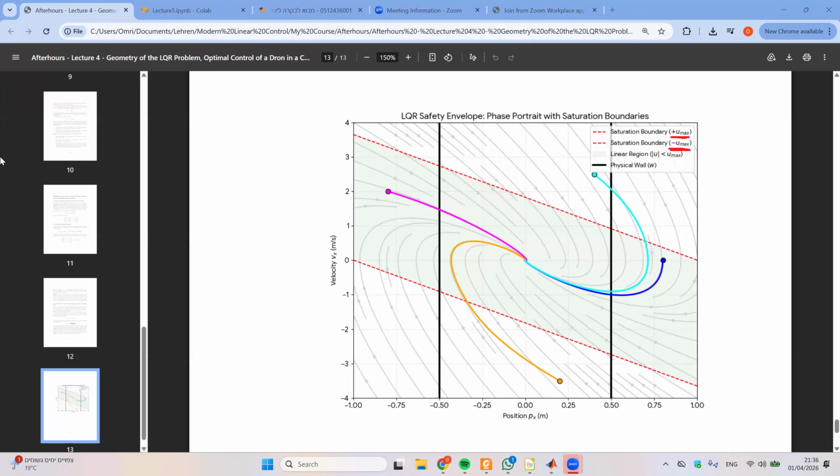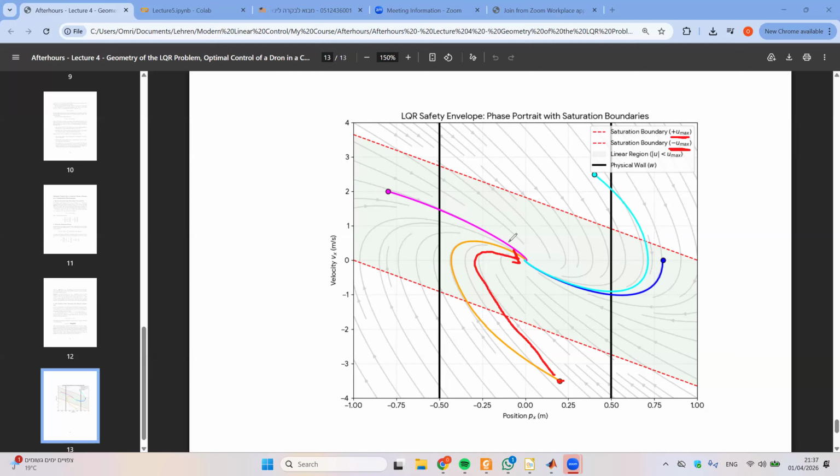Now, what we see here is an interesting case where we cannot actually use the optimal controller, because the optimal controller for these specific values of position and velocity is larger than our Umax or minimum. So we would like to travel along the gray lines, which would be going like this, but because the optimal controller is too high, the maximum we can do is to go along this orange route.